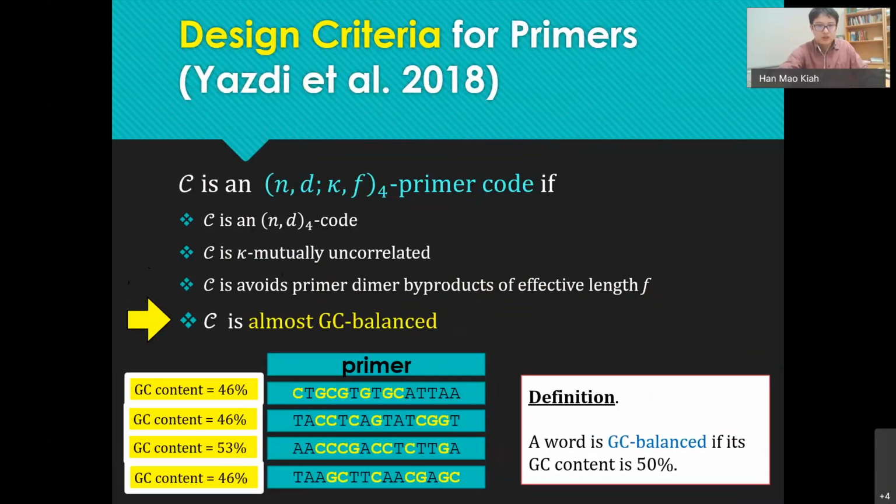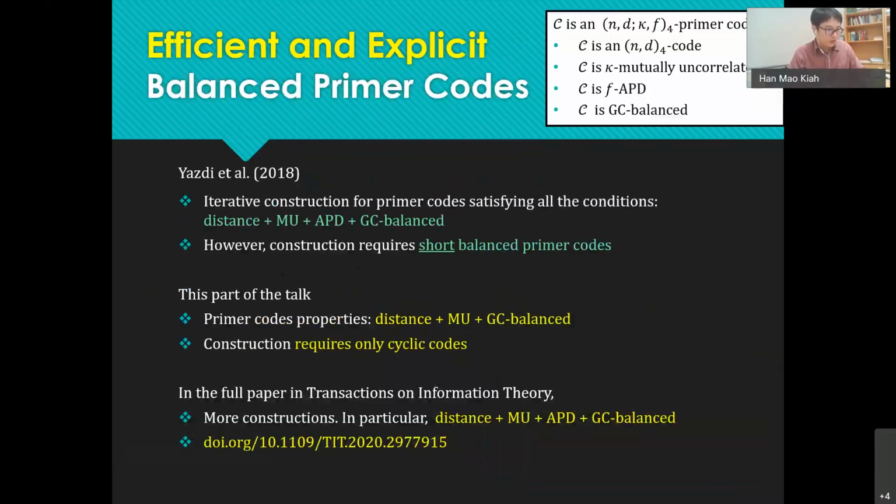In our first work in 2018, we proposed an iterative construction to satisfy all four design criteria that I gave earlier. However, this construction requires what we call short balanced primer codes, so it is not entirely explicit, and we point to some shortcomings later on.